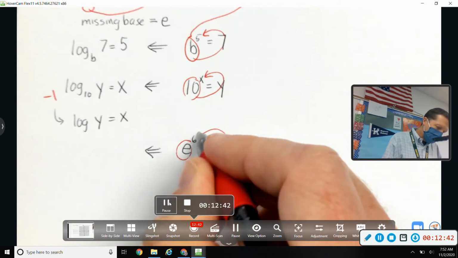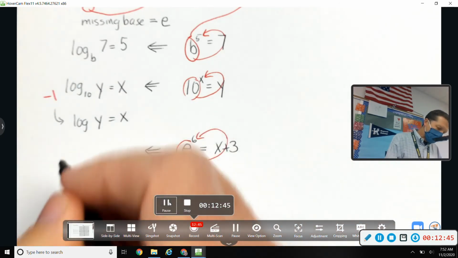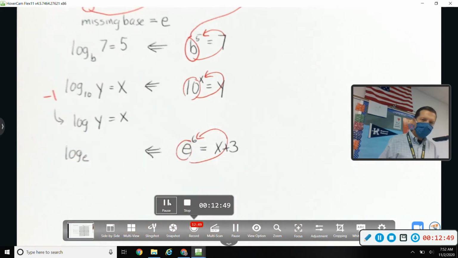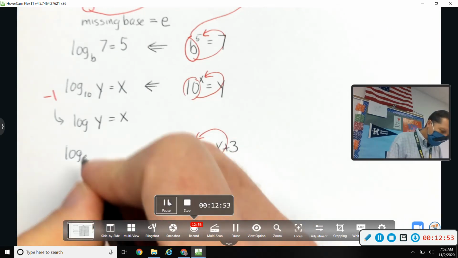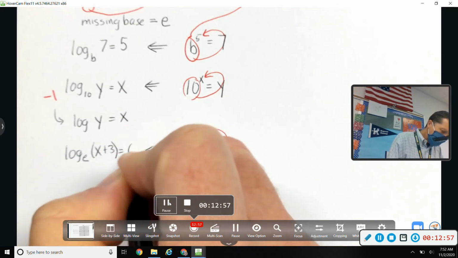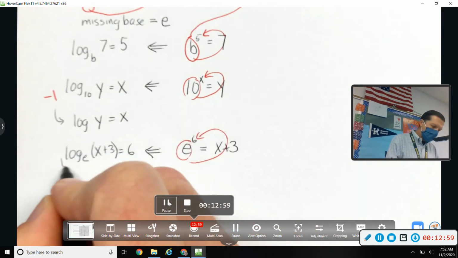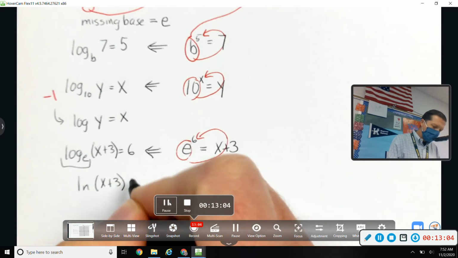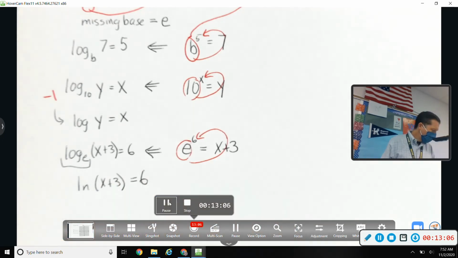Start at the base, fishhook around, log base E, whoops, that means something else, but I already wrote it, so I'll fix it later, of x plus 3 equals 6. But log base E, that's the same thing as natural log. So natural log of x plus 3 equals 6.